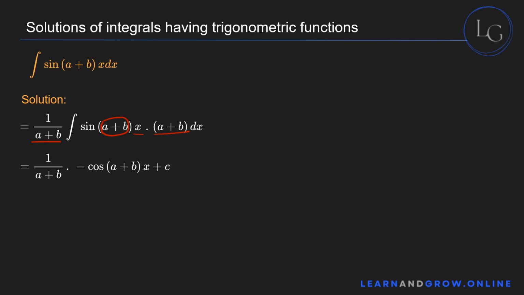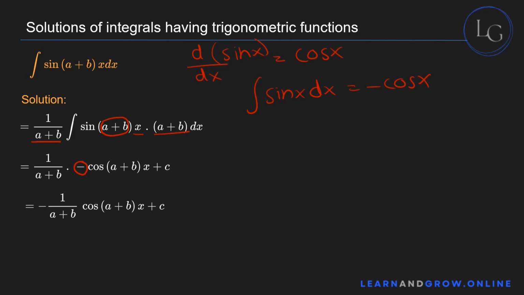For example, the derivative of sine x with respect to x would have been cos x, but the integral of sine x with respect to x is basically equal to minus cos x, which is why we have this negative sign over here. Now once you solve this, this is basically what you get.